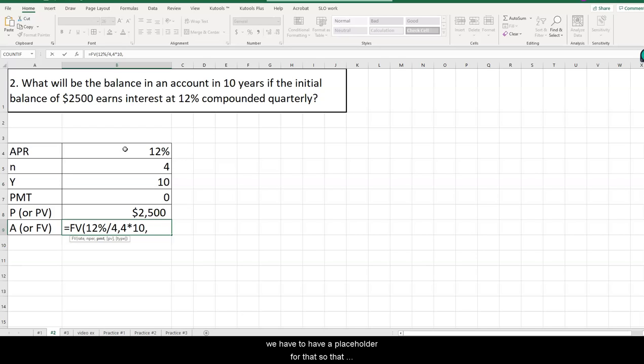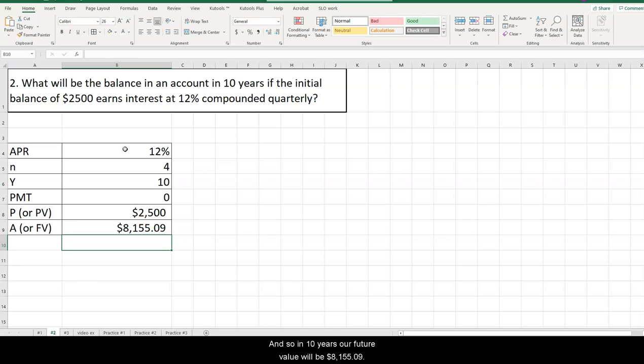Again, we have to have a placeholder for that, so that would be negative 0, comma, and then our principal amount negative 2,500, and our parentheses, and enter. And so in 10 years our future value will be $8,155.09.